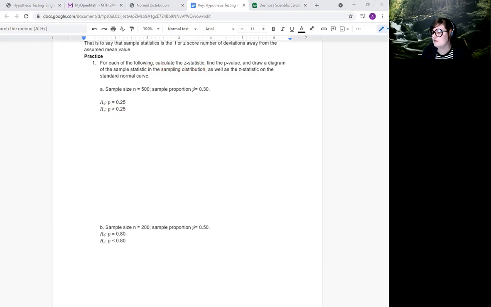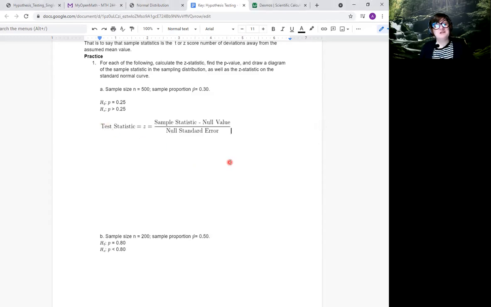that Z statistic. So when I am calculating my Z statistic, the general idea is that your test statistic, i.e. your Z statistic in this case (if we were doing a studentized one, it would be our T statistic), is the sample statistic, that's our p hat, minus the null value, the value that you're using to make assumptions about the population, divided by the null standard error.